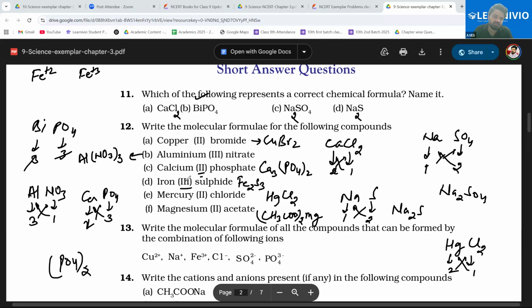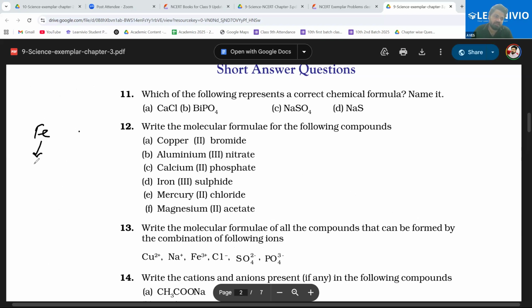When it is not mentioned, if it is only written iron sulfide, we take 2. But here 3 is mentioned, which means it is talking about the 3 valency of iron. So we simply write Fe3 and then S2. Then you cross multiply and you will get Fe2S3.